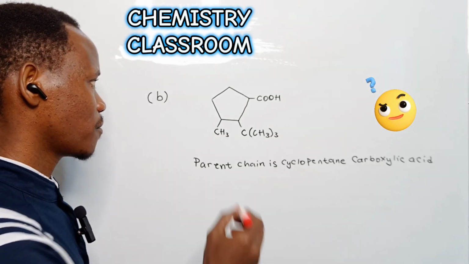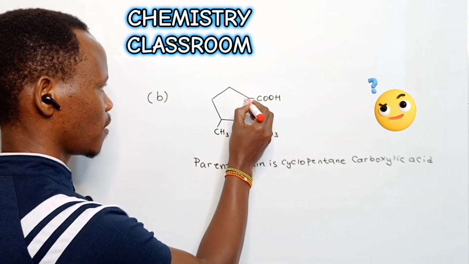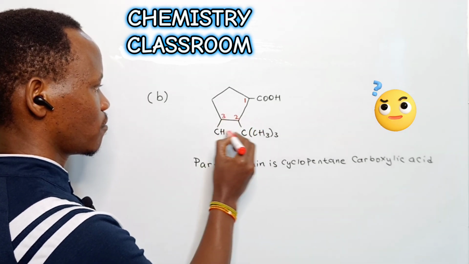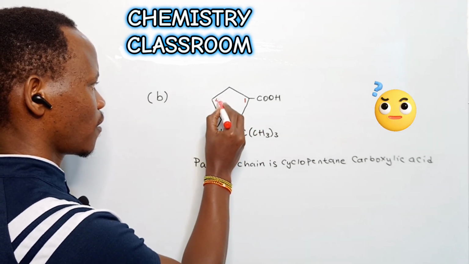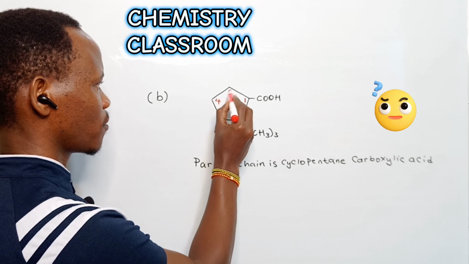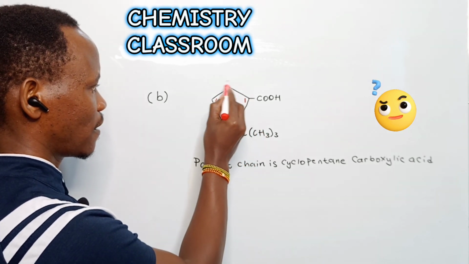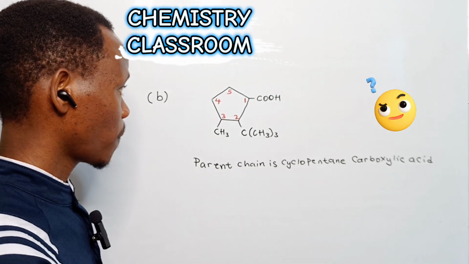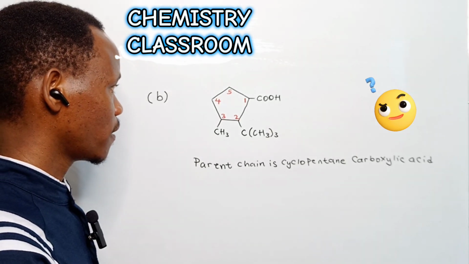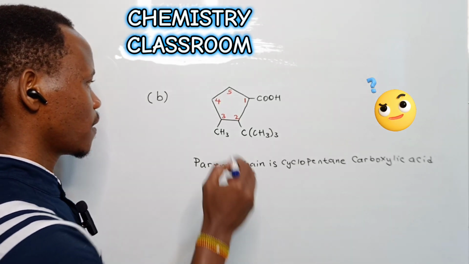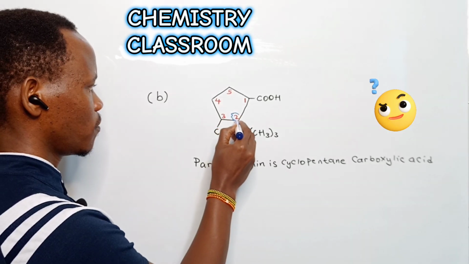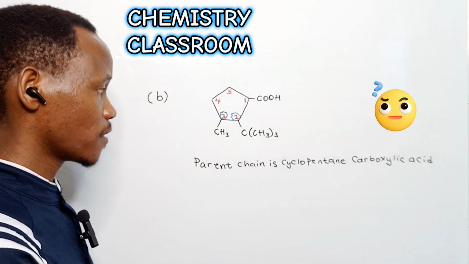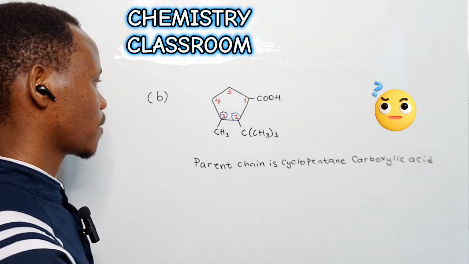So if we number in the clockwise direction, these two substituents are going to be very much closer to each other than in the anti-clockwise direction. Now, after numbering, we establish that position 2 and position 3 are of significance since they do have substituents.